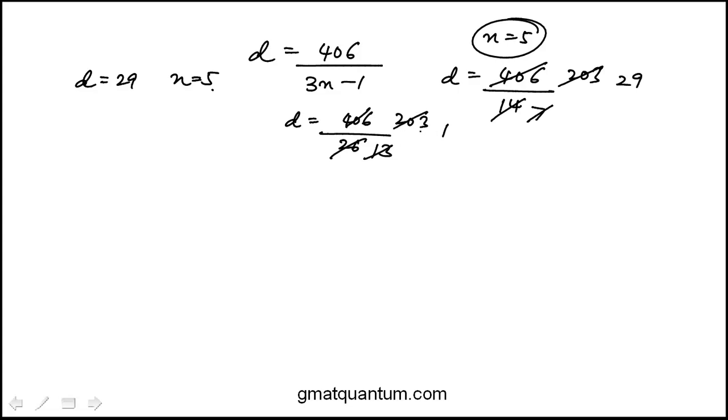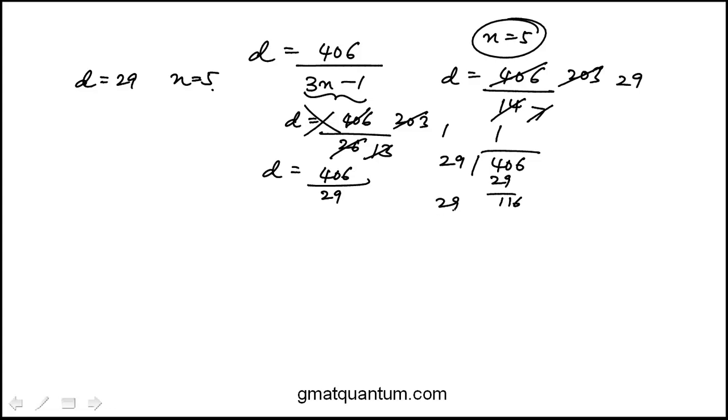Does 13 divide? 13 times 6 is 78, so that doesn't work. So B is out. D, n is 10, so that would be 30 minus 1 is 29. You're going to have to do the division directly. And yeah, that works. So we have another case.